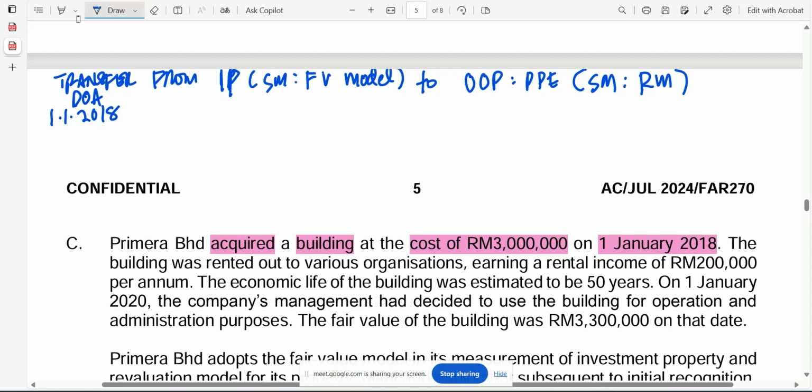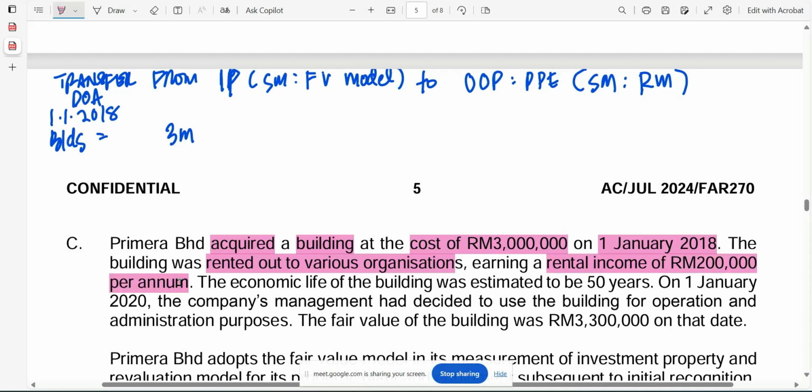And you are informed the cost of the building is 3 million, and that was on 1st of January. You are informed further that the building was rented out to various organizations, and it earned rental income of 200,000 per annum.